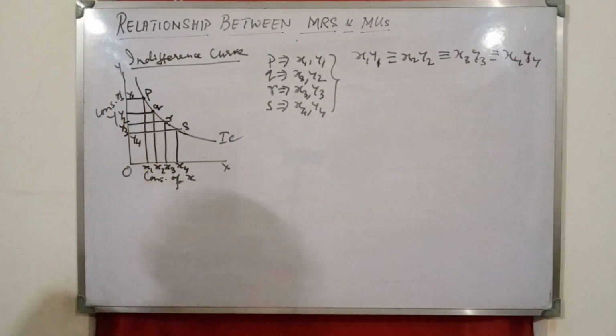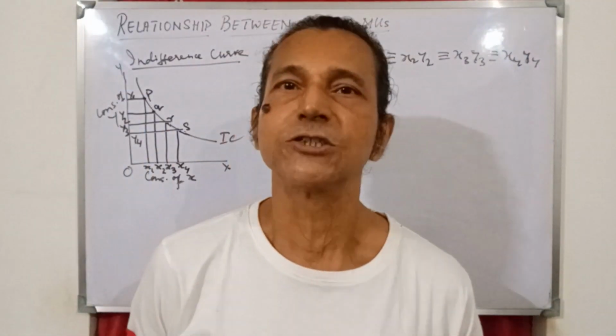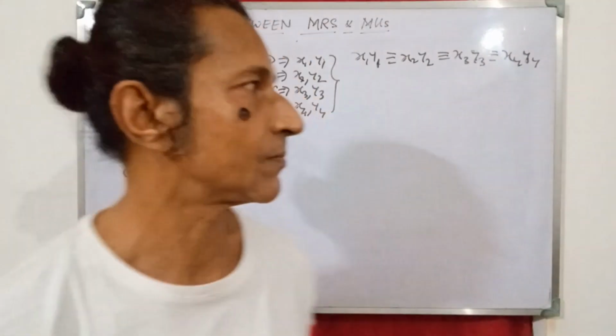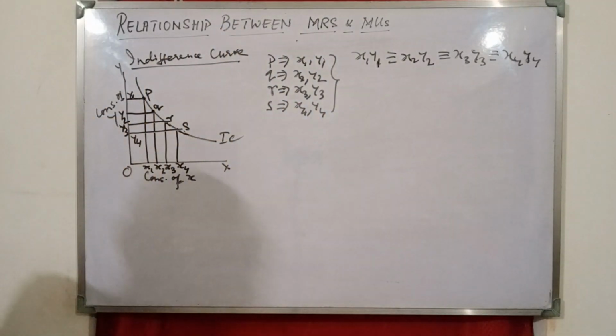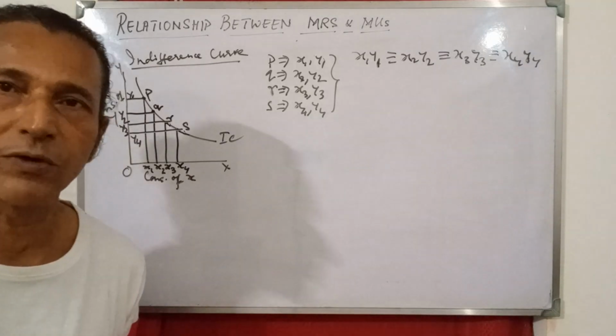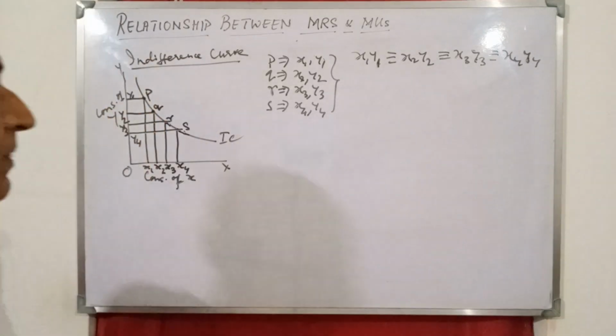In order to remain on the same indifference curve, that is, in order to remain indifferent between all the points on the indifference curve, the indifference curve itself must be sloping downward from left to right. That is, if the consumer has to remain on the same indifference curve, then if he increases consumption of one commodity, he has to sacrifice consumption of another commodity.